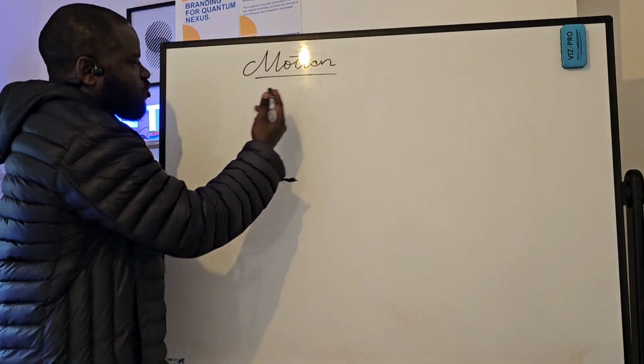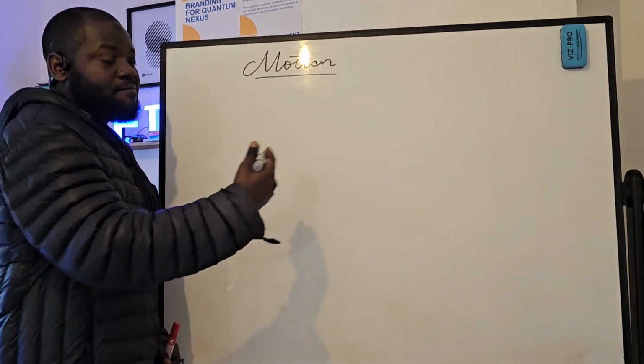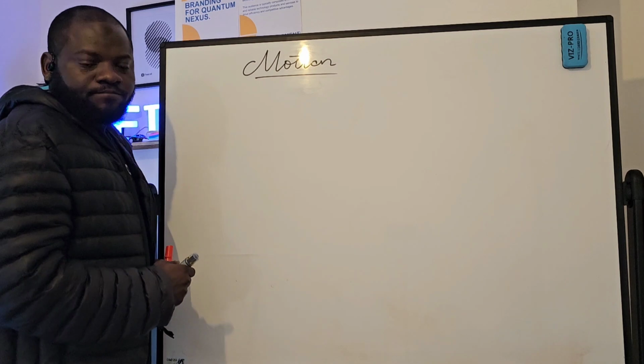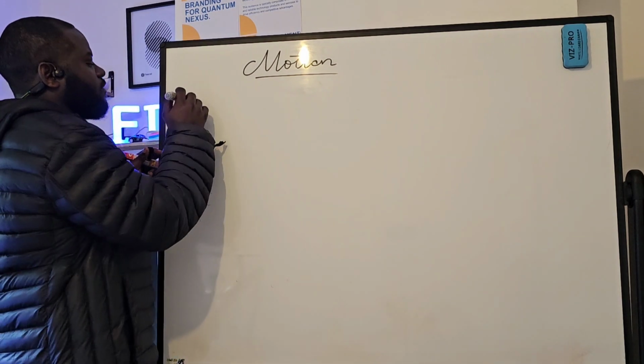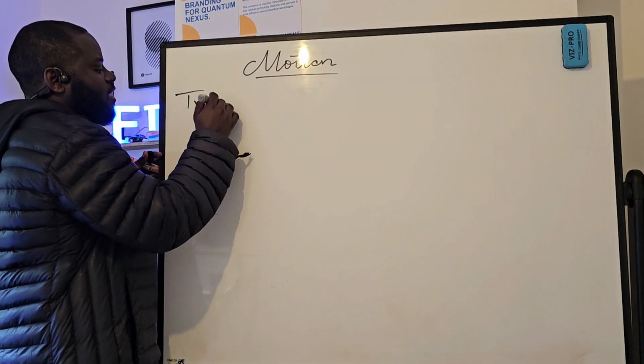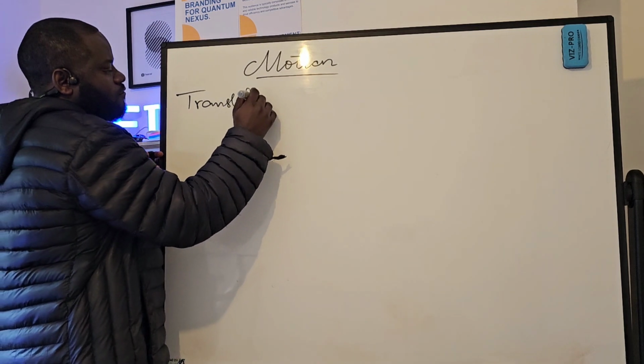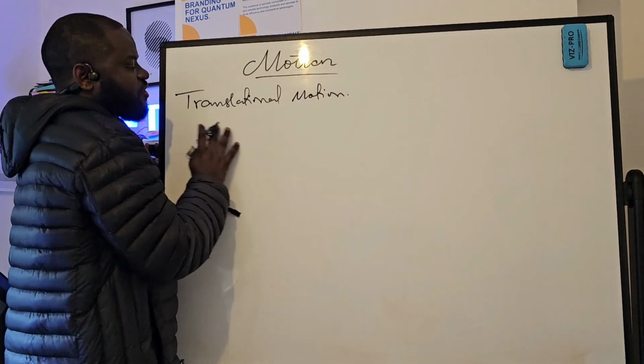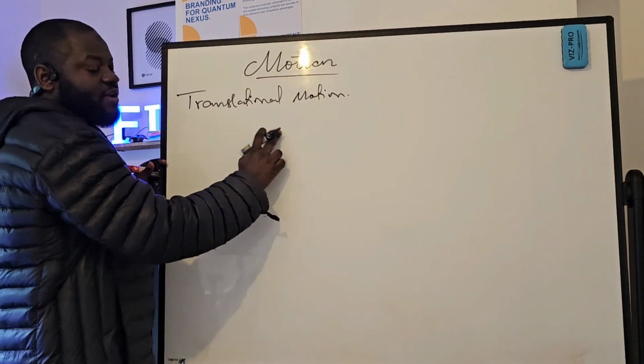So another thing you should understand, aside from what I just made mention of in the definition, is the types of motion. When you talk about the types of motion, we have the translational motion. This translational is also referred to as rectilinear.